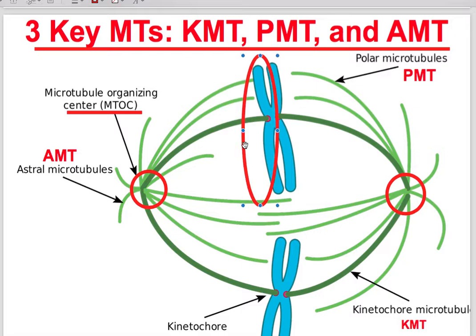Remember that these are two identical copies, copy 1 and copy 2, and you want to rip them this way and that way. These microtubules are going to be the ones doing all of that.